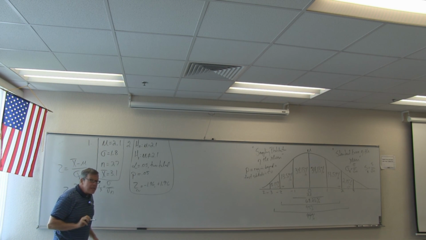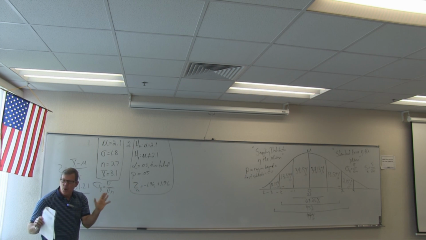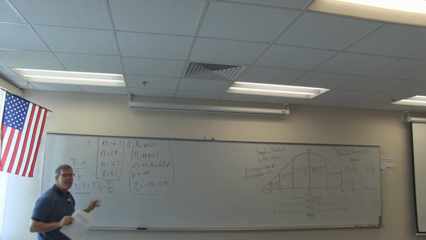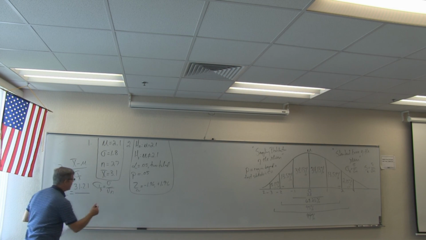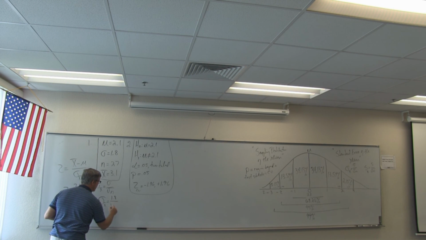The standard error of the mean is going to tell us a lot about what's going on over here. Let's kind of back into this thing again and get a clearer picture as to what's going on. Then we'll address z formally. Standard error of the mean, sigma 1.8 over the square root of 27.